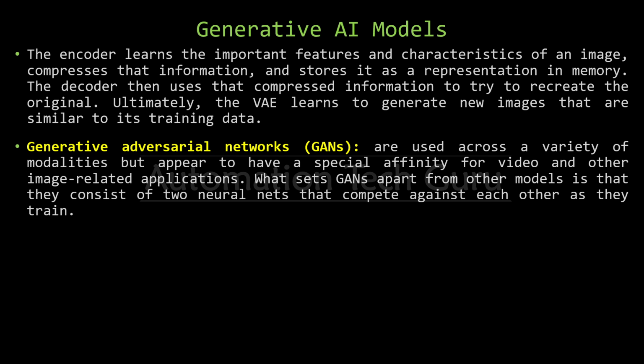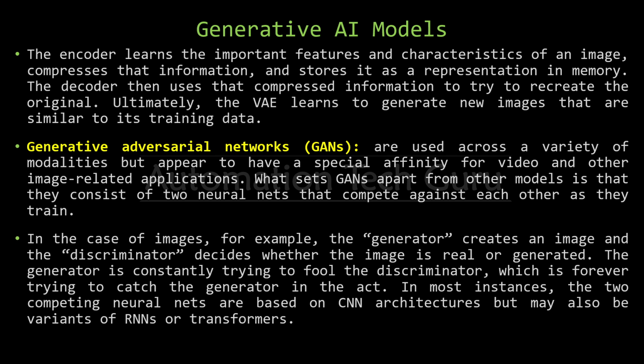What sets GANs apart from other models is that they consist of two neural nets that compete against each other as they train. In the case of image, for example, the generator creates an image and the discriminator decides whether the image is real or generated.